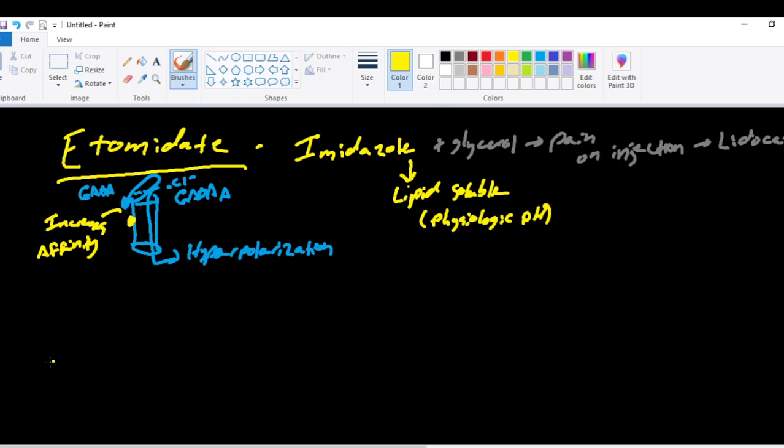Okay, so we talked about mechanism. Now let's talk about dosage. So our dose of Etomidate is usually 0.2 to 0.3 milligrams per kilogram. You can think about, with propofol, it's 2 milligrams per kilogram. Think about Etomidate as, just move that decimal point to the left, 0.2 milligrams per kilogram. But you can have 0.2 to 0.3 milligrams per kilogram.